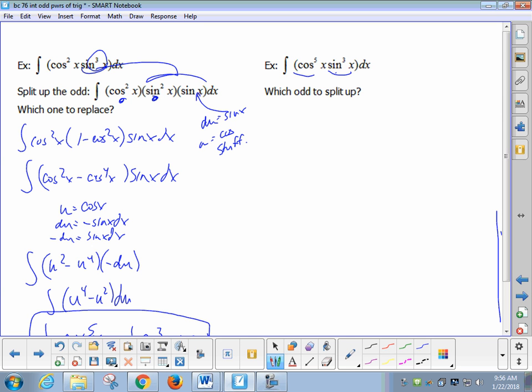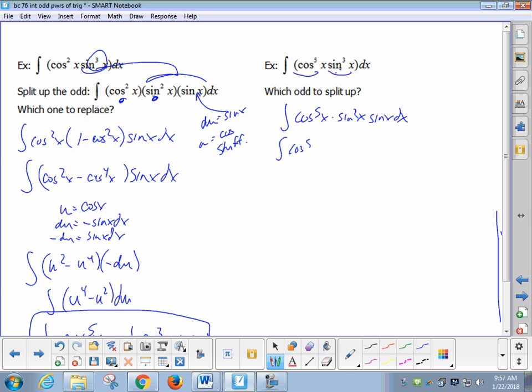If I go here, I'll have cosine to the fourth, and that's not really ready for identity. So it feels like it'd be easier if you let the split come with the sine. It's your call on the homework, but in terms of ease of getting the problem done, I think it'd be easiest if you use this cube for the split.